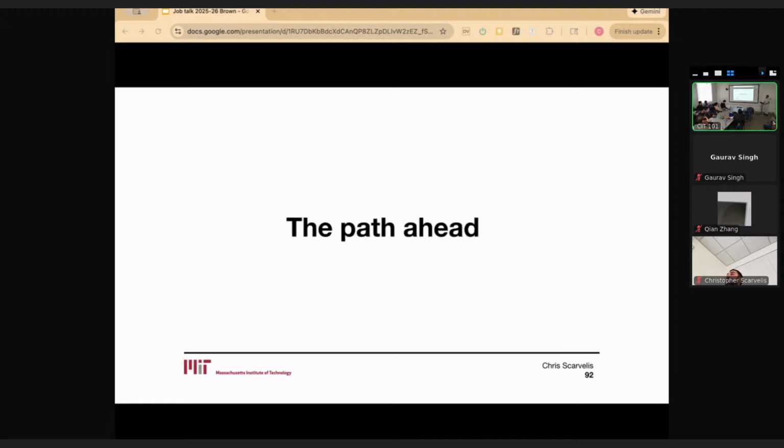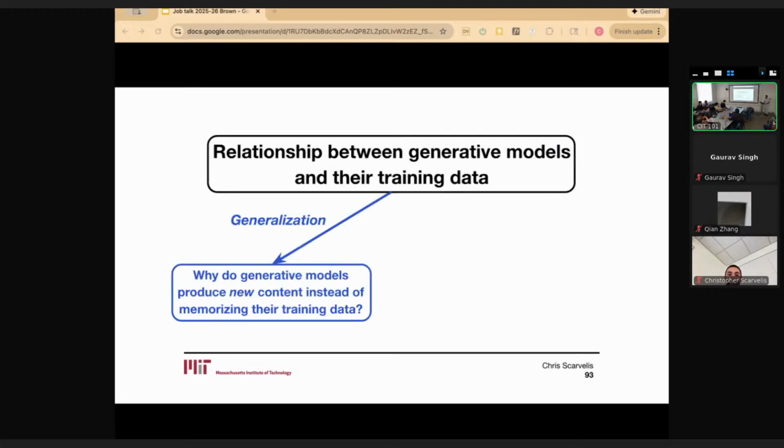Okay, and now I want to discuss the path ahead, some future directions I'm excited to explore. The central goal of my research is to understand the relationship between generative models and their training data. To do this, we need to answer two key questions. The first concerns generative models as a class. If we take their training objectives seriously, optimal generative models should simply memorize their finite training data and become very expensive and very useless lookup tables.